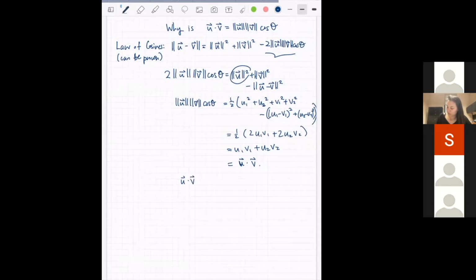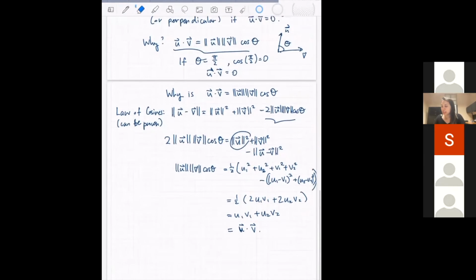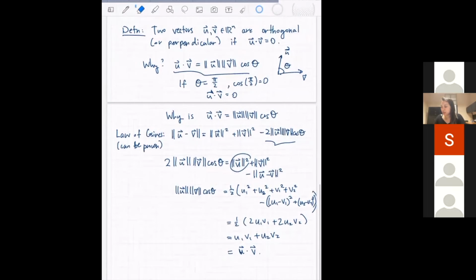So is this proof for why the equation works? Is this only for R2? Yeah, it is in R2. This works in R2, and it's a little bit more complicated in R3, but for higher dimensions, we use this almost as a definition of what it means to have an angle theta between 2 vectors.